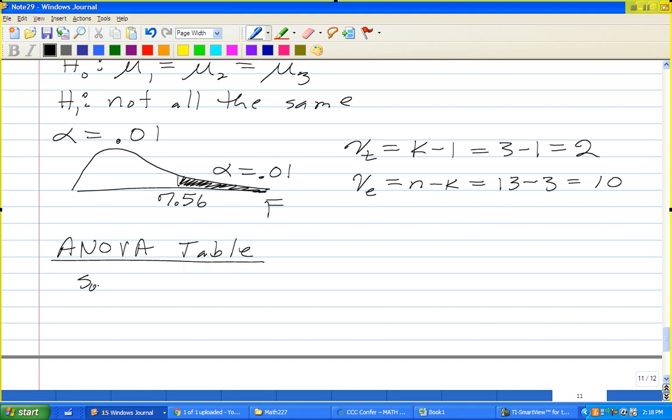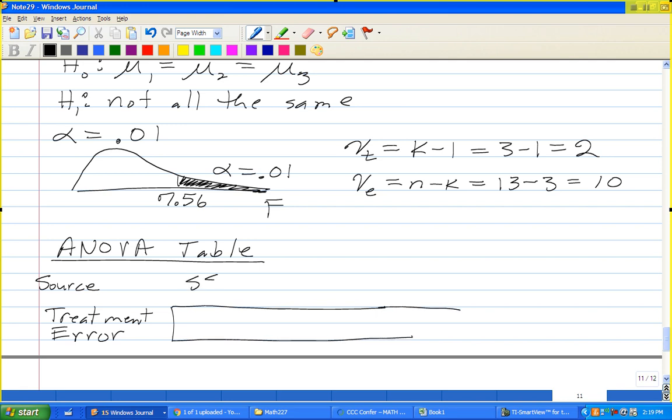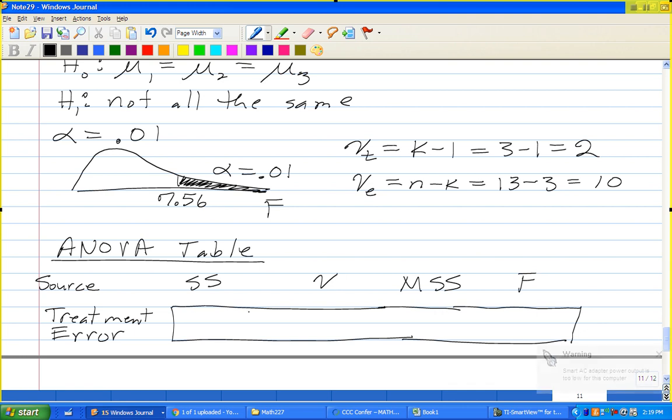Source, treatment, error, sum of squares, degrees of freedom, mean sum of squares, and finally F. So let me do that. Okay, so let's figure out each of these.